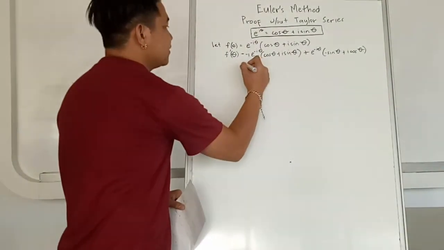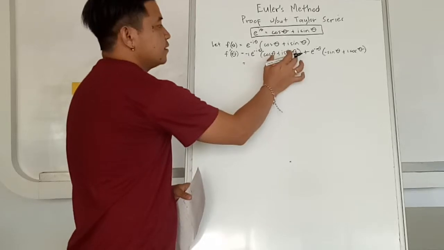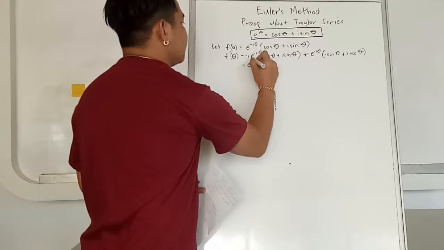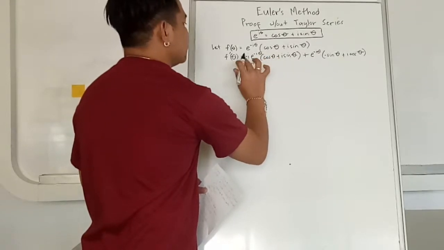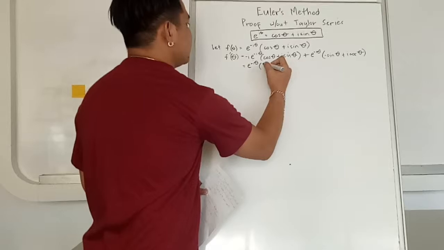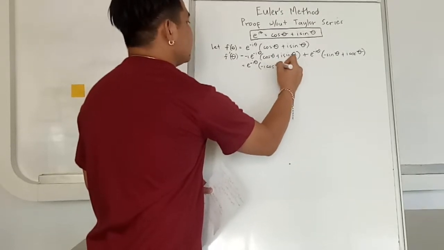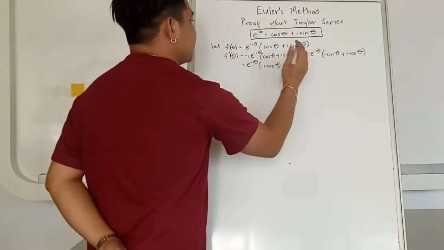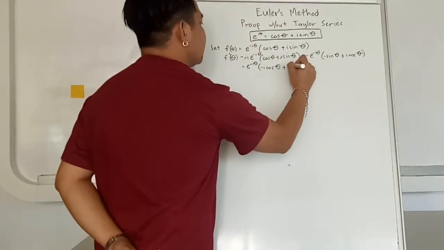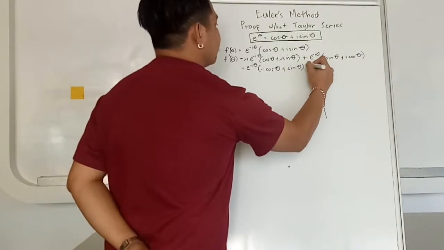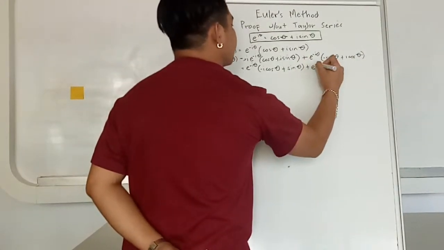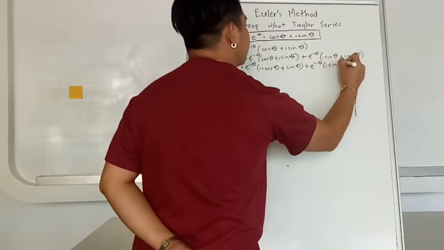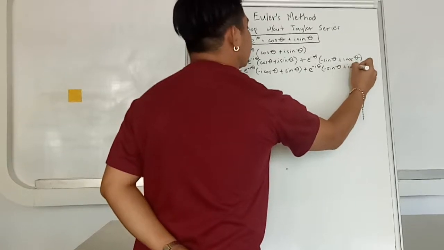And the next is we distribute the i inside this equation. So e raised to negative i theta, negative i times cosine is negative i cosine theta, plus negative i times i sine is i squared sine, so it becomes sine theta, plus, and then copy e to the negative i theta times negative sine theta plus i cosine theta.